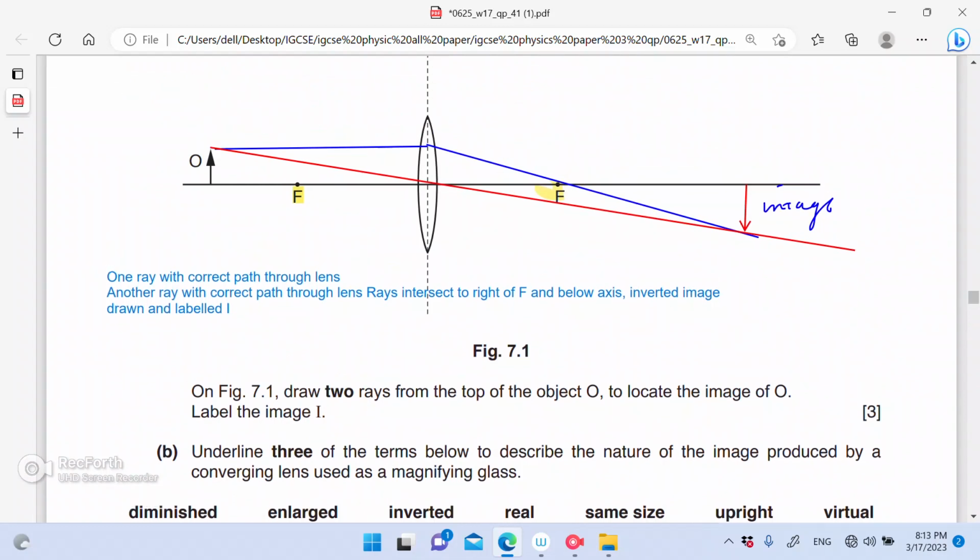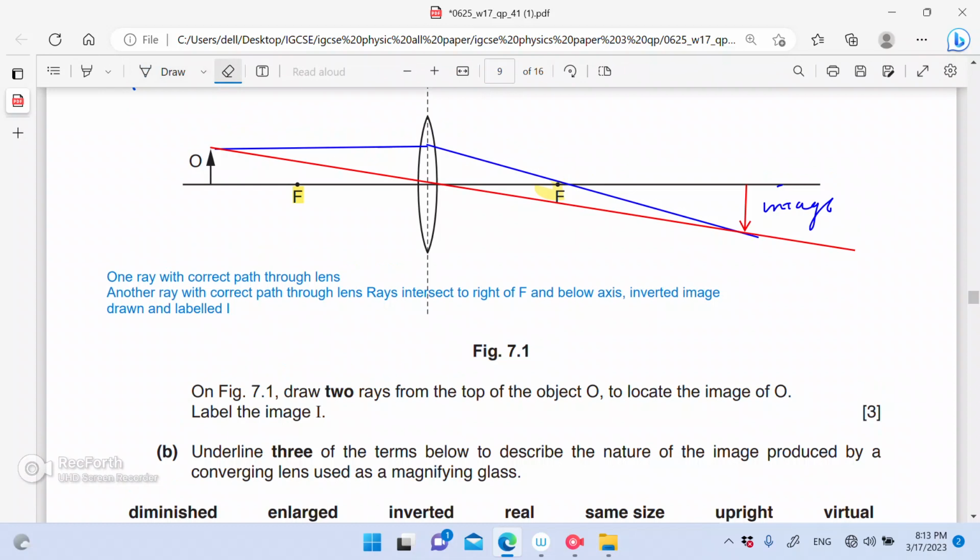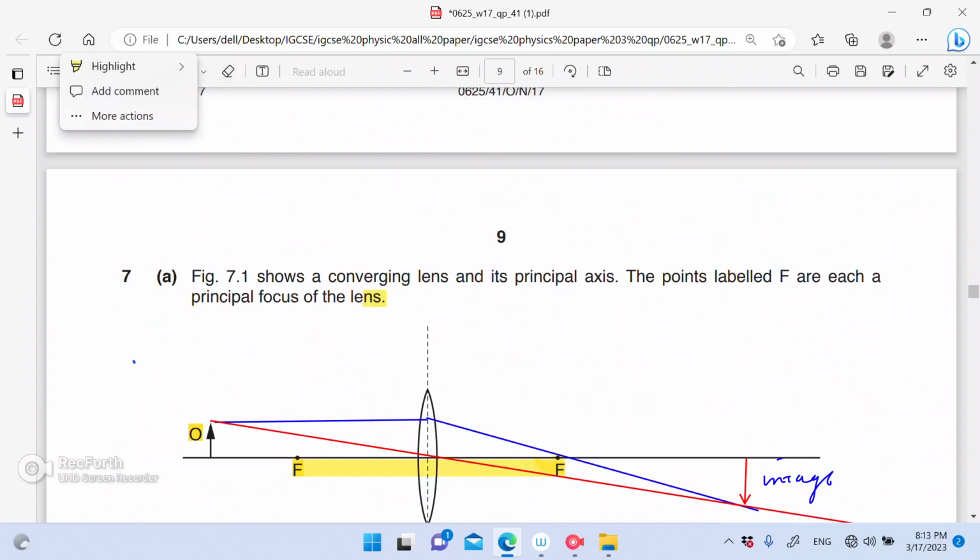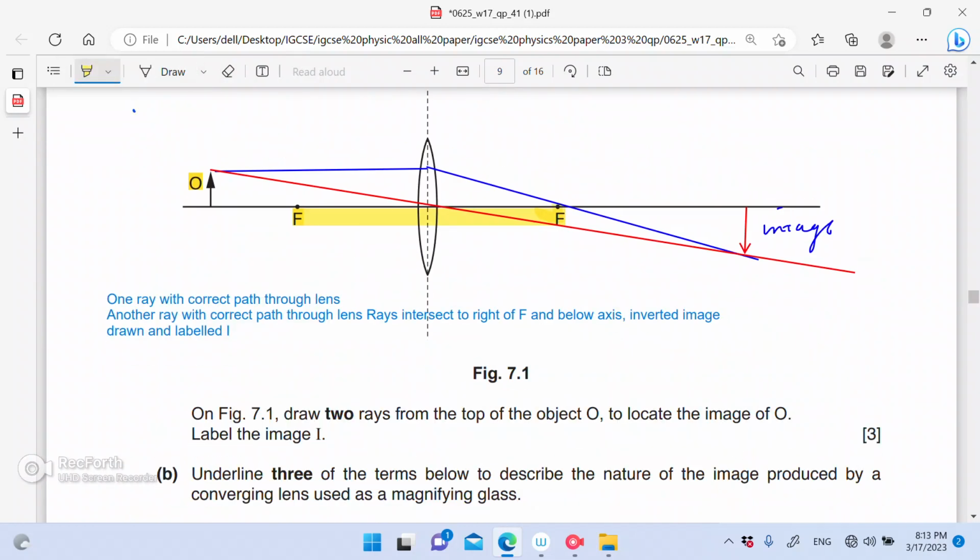So draw two rays from the top of the object. So you know how to draw the rays, right? One will go straight, then it will bend here, and the other one will go through the center of the lens.